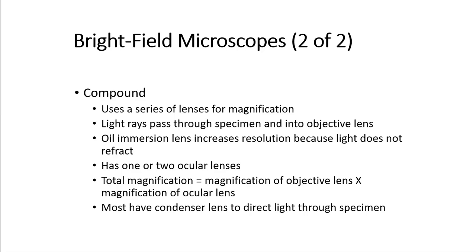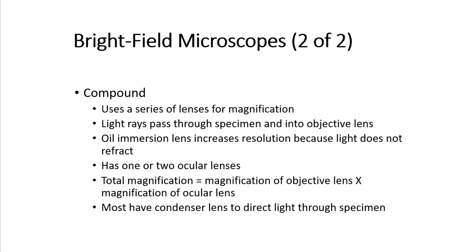And so if you've got an oil immersion lens at 100x and a 10x ocular, you have a magnification of 1,000 times, which is what we normally see in an oil immersion. You also have high power and low power. A high power lens is usually 40x. That would be a 400 times magnification. Okay, just FYI.